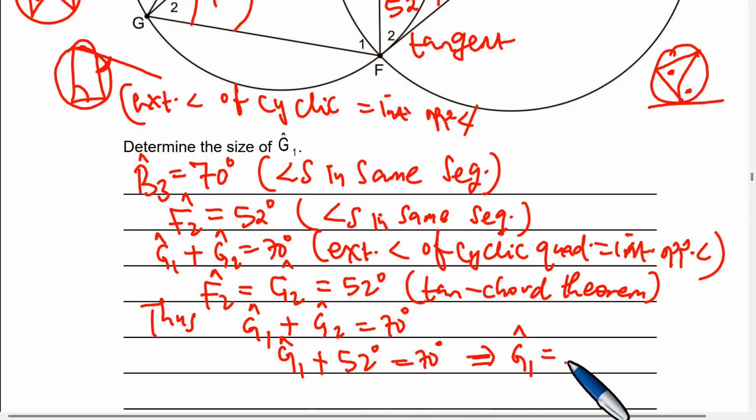So G1 is 70 minus 52, which is 18 degrees. So this is the answer. So now we have proven that G1 is equal to 18 degrees.